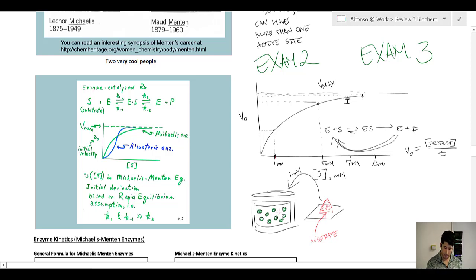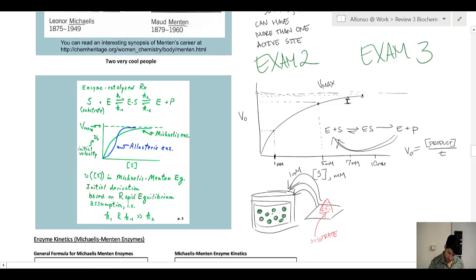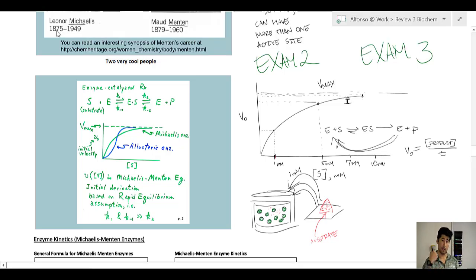Well, what happens when we put in 2 millimolar? So now we put in 2 millimolar. What's going to happen to the velocity as we put in 2 millimolar? The velocity increases, and so now it's at this level. Before it was here, and now it is there.